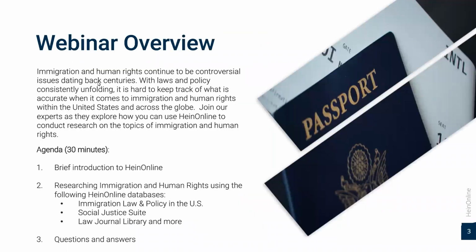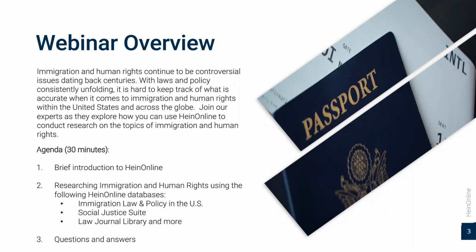All right, so a quick overview of the webinar today. Today's webinar is going to focus on how you can use HeinOnline to conduct research on the topics of immigration and human rights. The first thing I'm going to do is give a brief introduction of HeinOnline. If anyone here is not familiar with the database, has not used it in the past, or is not a subscriber, I'll just give a quick introduction.